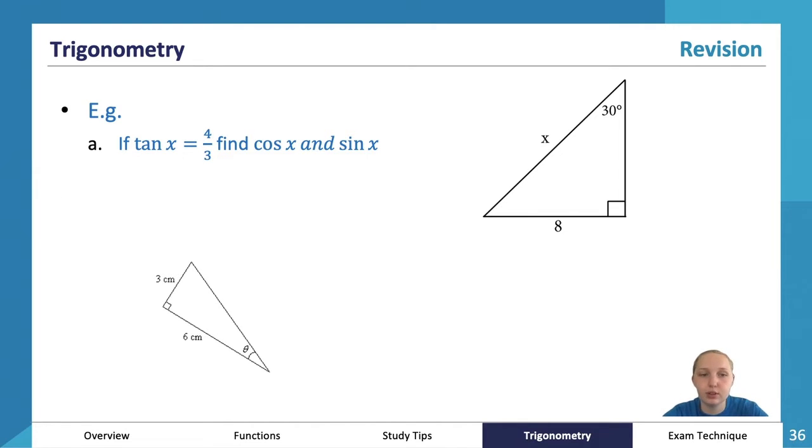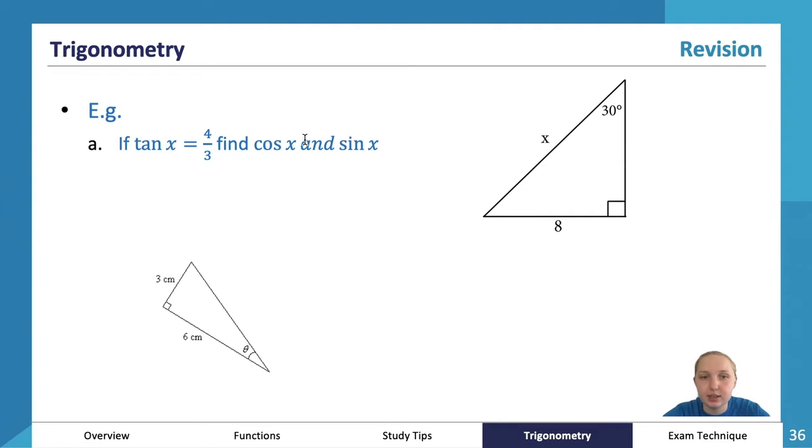Therefore, using Pythagoras' rule, in order to find the hypotenuse, we're going to have the square root of 4 squared plus 3 squared. 4 squared is equal to 16, 3 squared is equal to 9. If you add those together, you're going to get 25. Square root them, you're going to get 5. So we can therefore say our hypotenuse is equal to 5.